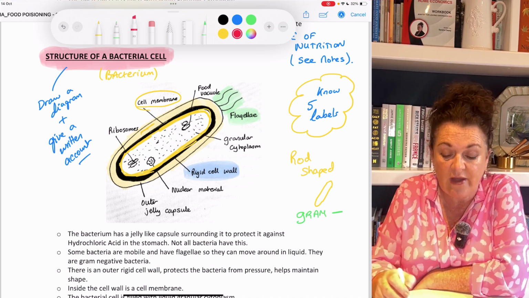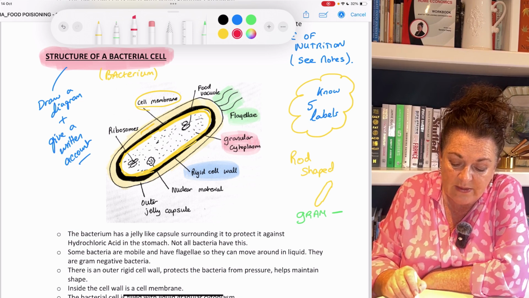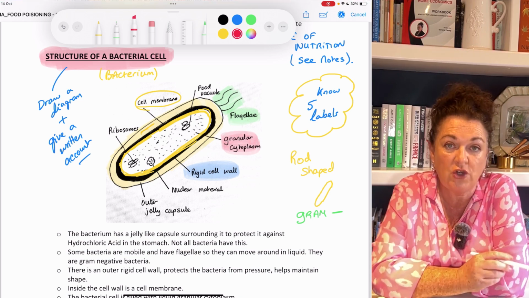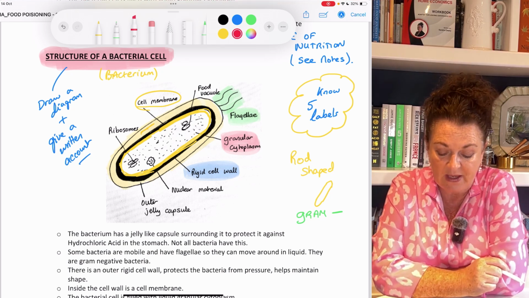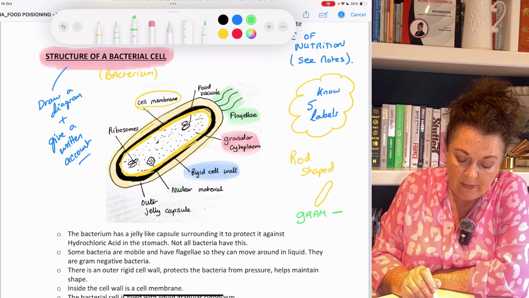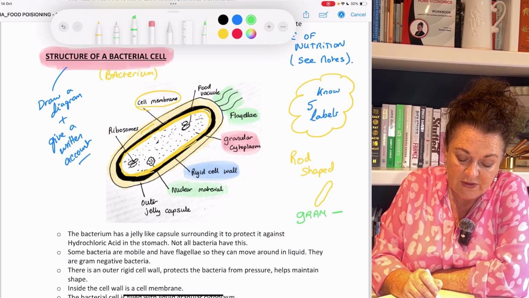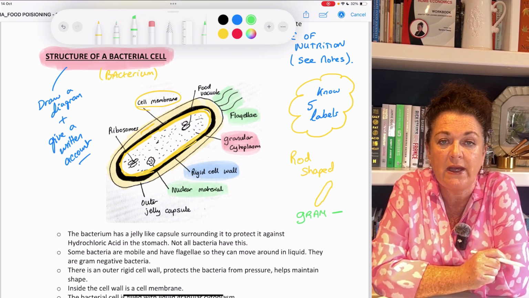Then, like we said, we have liquid, which is the cytoplasm, and we call it granular cytoplasm, the same as we did for the yeast cell. And then we have what's called nuclear material present. The bacteria do not have a regular nucleus.